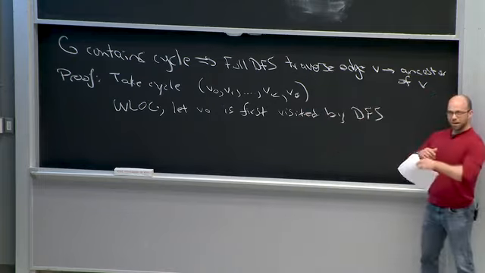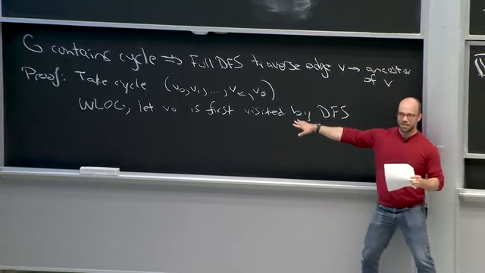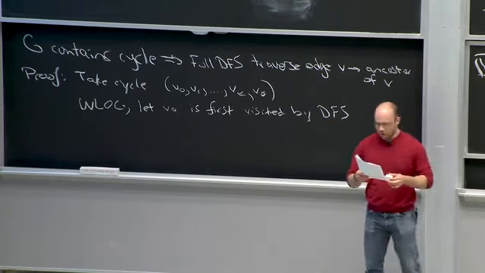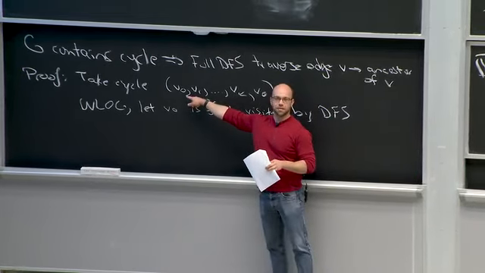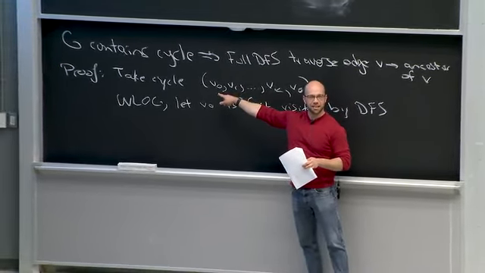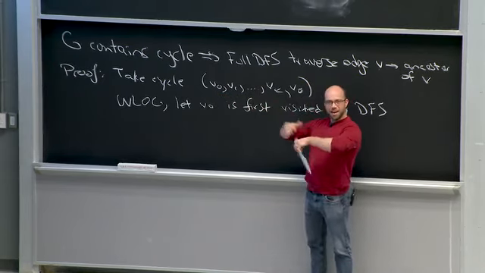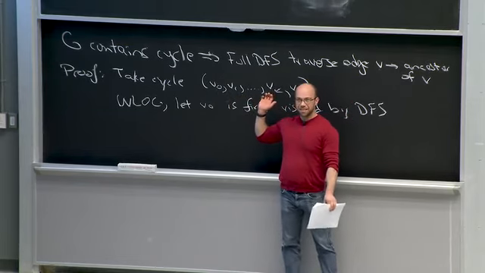What does that mean? That means when I do my DFS algorithm, I'm making all these recursive calls, the very first vertex to be touched by this technique is V0. Okay. Well, now what's going to end up happening? Well, think about the recursive call tree starting at V0. By the time that completes, anything that's reachable from V0 is also going to be complete. Do you see that?